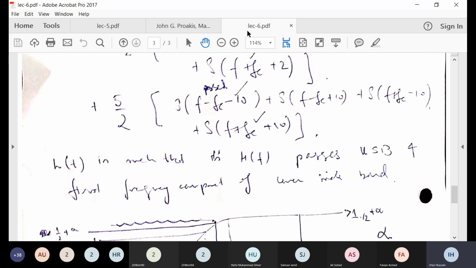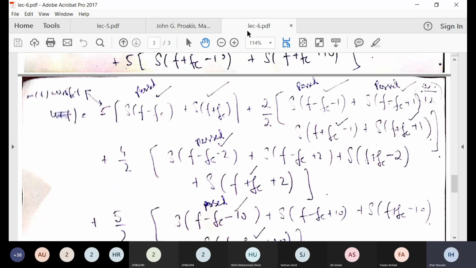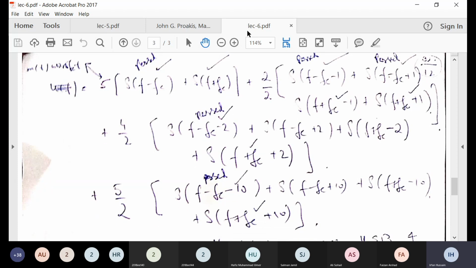Now we design a filter so that we pass the upper sideband completely, but only the first frequency of the lower sideband. So what we want here, you can see here, this frequency is at f shifted to fc plus f2, so frequency greater than fc. This is your upper sideband.